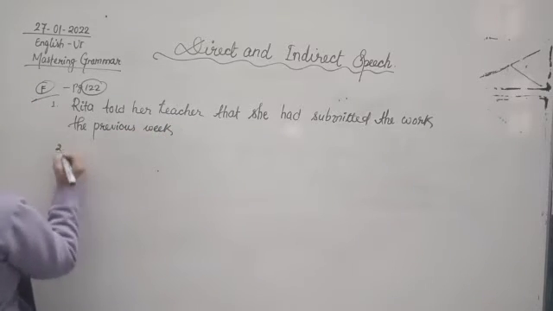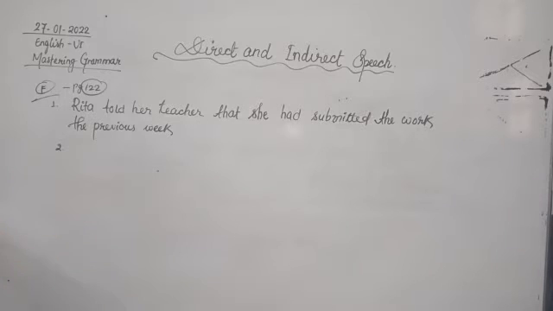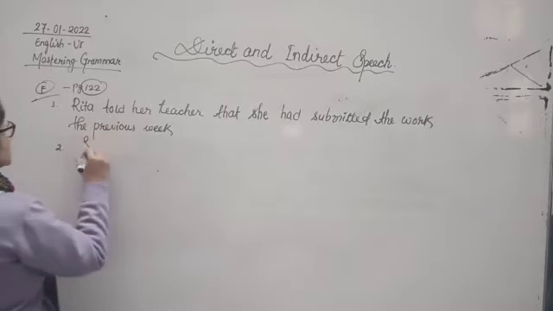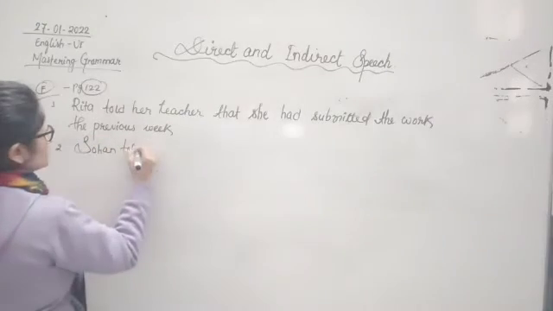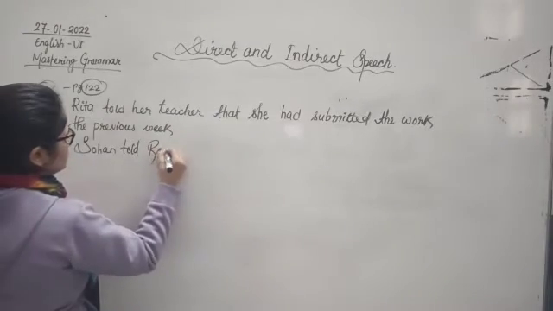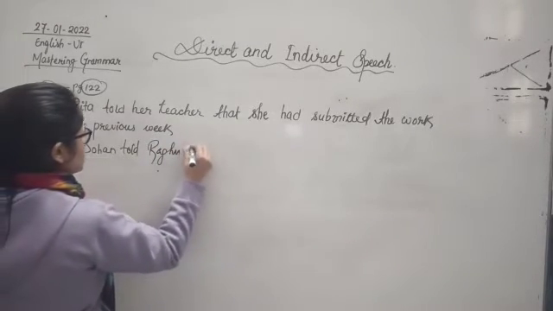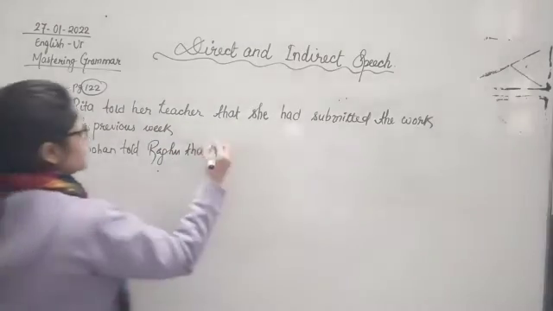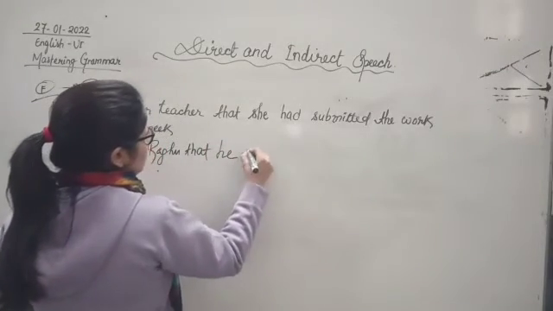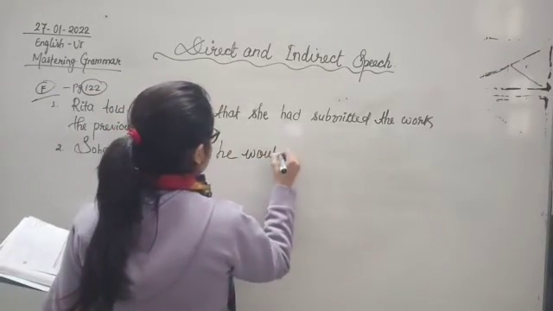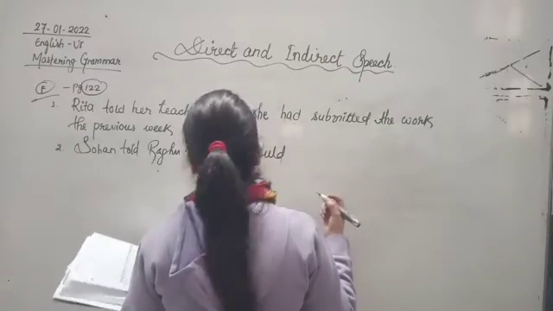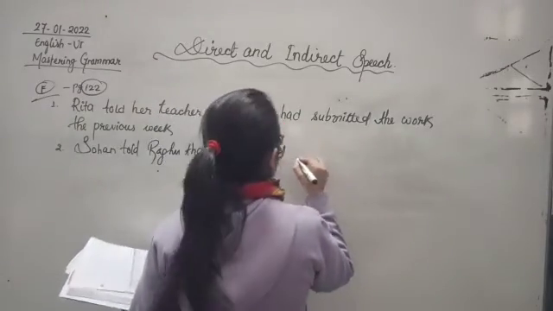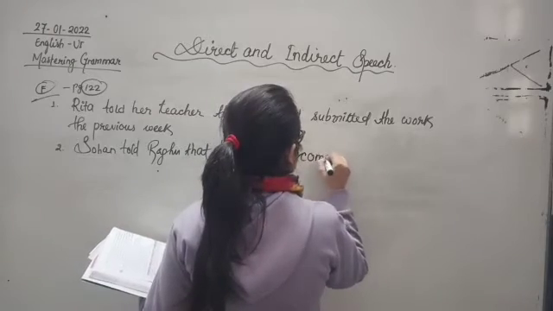Okay, number 2. Sohan told Raghu, I will come to your place next Tuesday. Sohan told Raghu, told will remain told only, told Raghu that he would come. I will change to he because Sohan is a boy, and will changes to would.